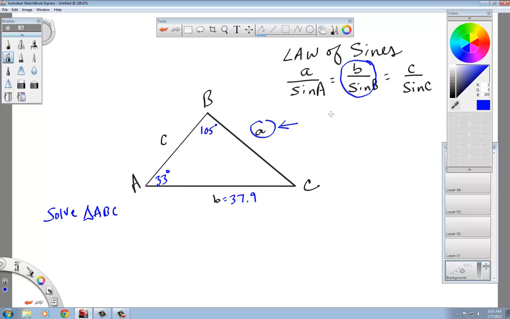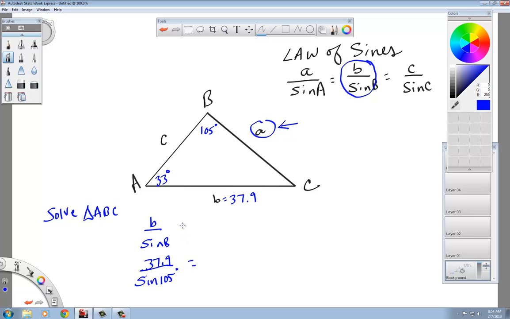All right. So check this out. I'll show you the format here: b over sine B, and right below that I put what that equals. So b is 37.9 over sine B, which is 105 degrees.